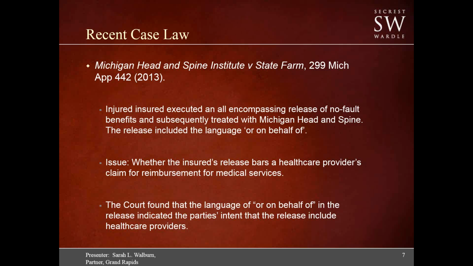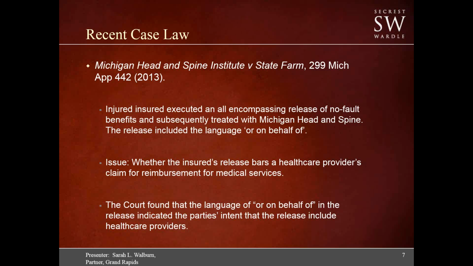So a suggested way to prepare a release would be, for example, for sole consideration of the amount of blank dollars, the insured, the claimant, the plaintiff, however you want to word it, does hereby release and discharge defendant insurer from any and all claims and demands for no-fault insurance benefits of any kind whatsoever for any and all expenses incurred to date and/or which may be incurred at any time in the future by or on behalf of insured arising out of the accident, including any and all allowable expenses of any kind, et cetera, et cetera.